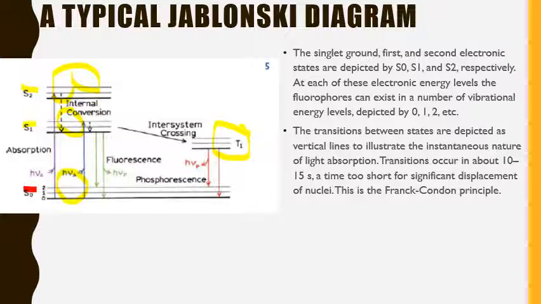This is called fluorescence. However, in phosphorescence, there is a possibility that these electrons may also move to triplet states. We have discussed these things in past classes, so you can go through this.